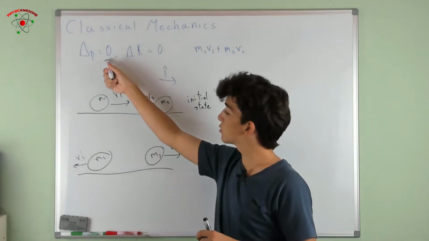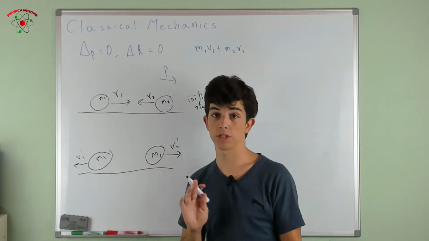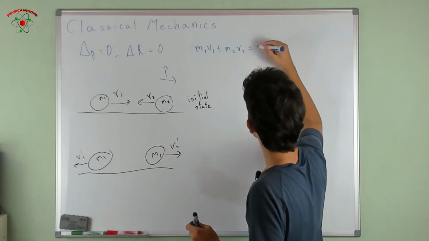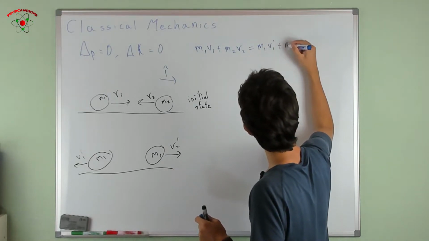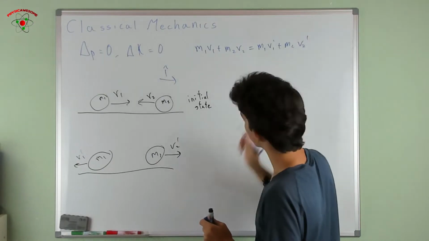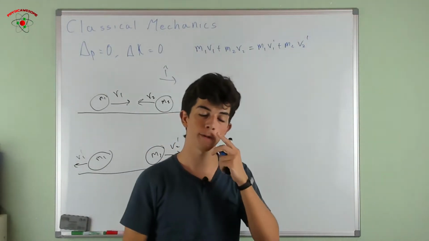And then we're going to have our momentum at the end that is going to be equal because there's no change in momentum. So we have m1 b1 prime plus m2 b2 prime. In this case, it's b1 prime the one that is going to be negative.